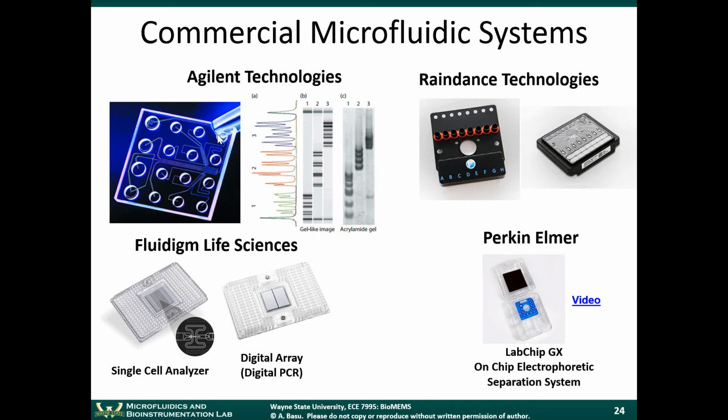So Agilent started selling chips for capillary electrophoresis, where you could put in the sample and do the electrophoretic assay on chip, and they have optical readouts where you can get these electropherograms to analyze a sample. Some of these chips have gels inside of them. The gels help improve the separation resolution, and some of them operate without any gels at all.